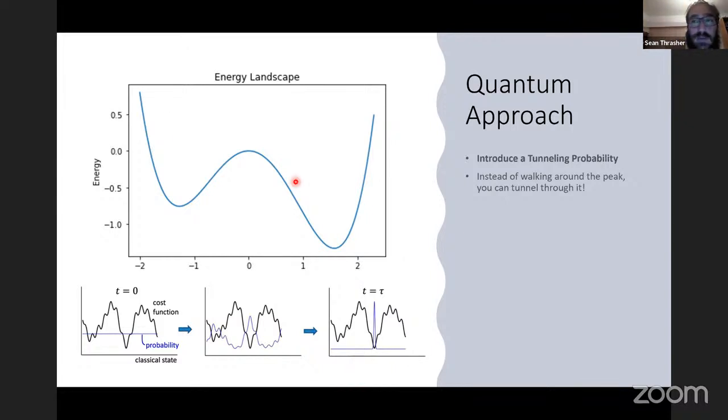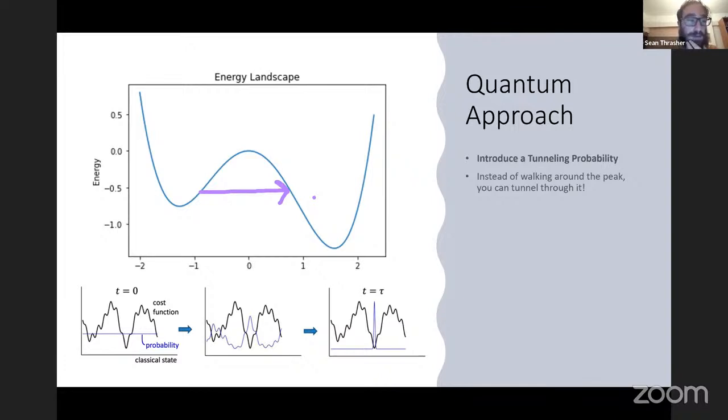So now the approach in terms of quantum mechanics is to introduce a tunneling probability instead. So essentially, instead of going up and down, you tunnel through. You use the fact that you can tunnel in quantum mechanics.